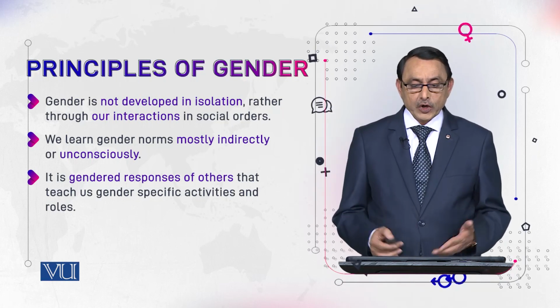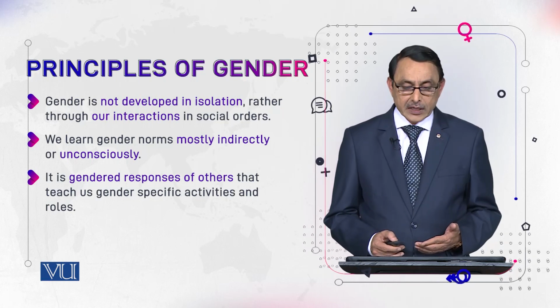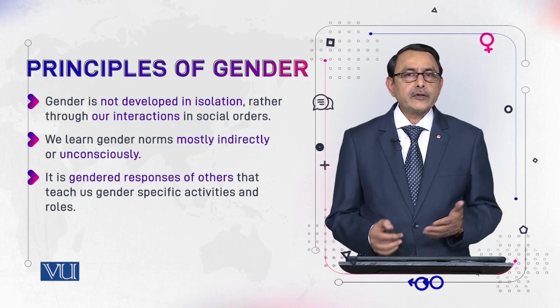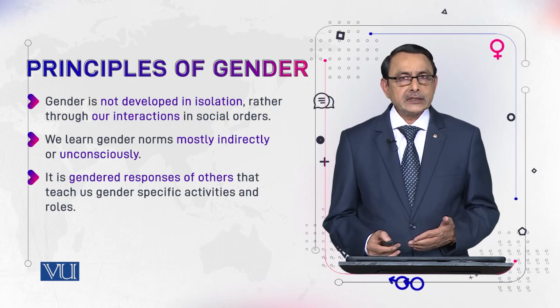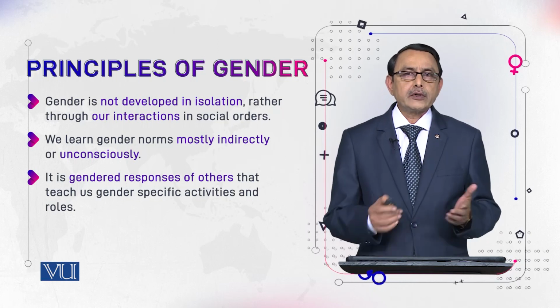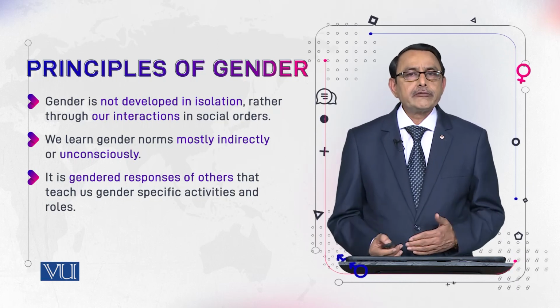It is the gender responses of others that teach us this is good for men, this is good for women. These activities and these roles are good for boys and these are good for females.